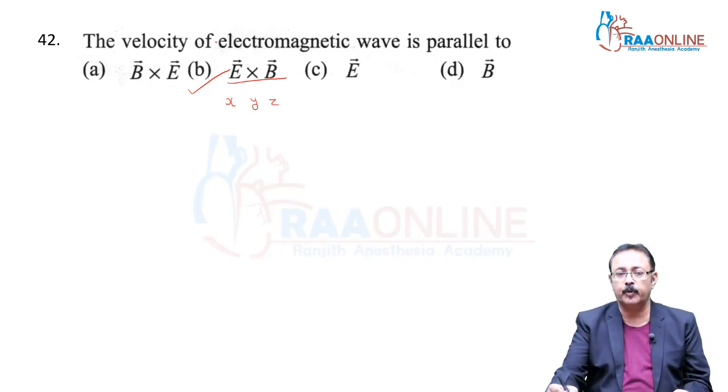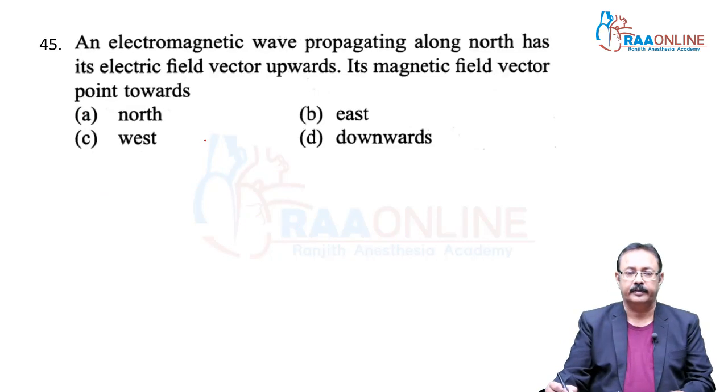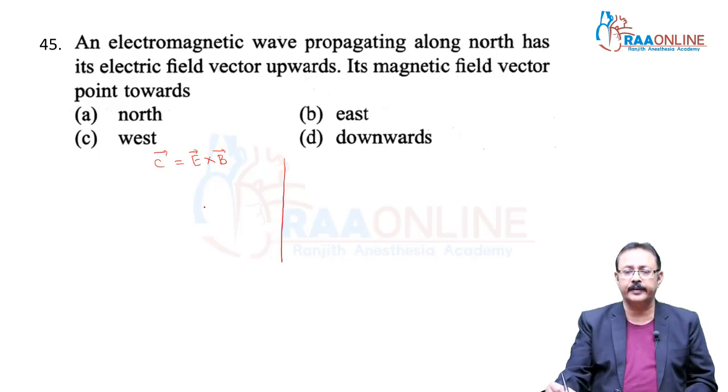The waves are propagate in the direction of E cross B, meaning the velocity vector is equal to E cross B. Now we make this north, south, east, west.